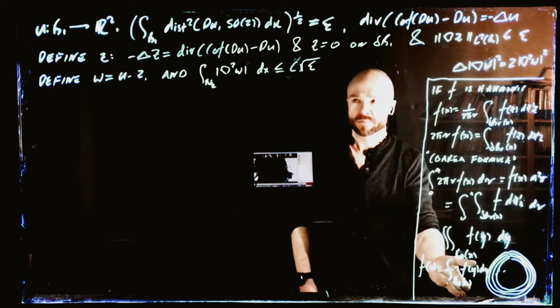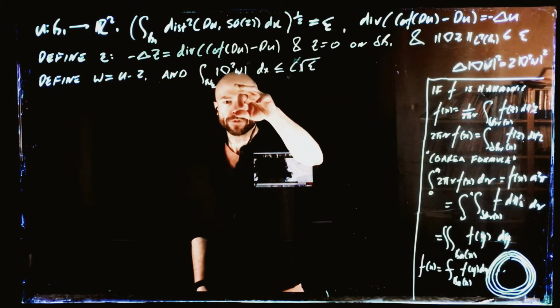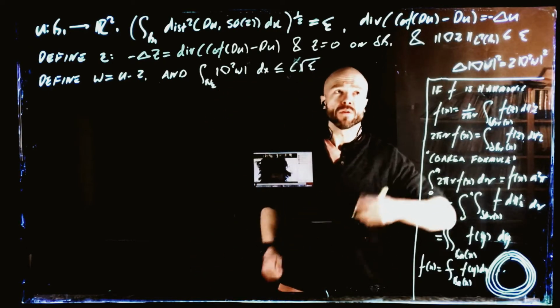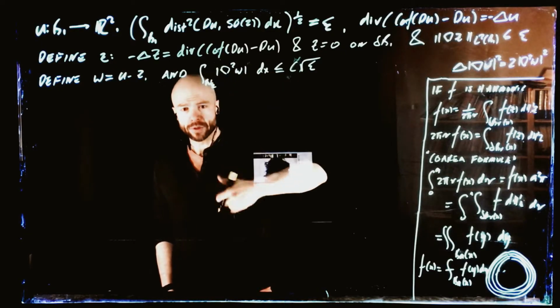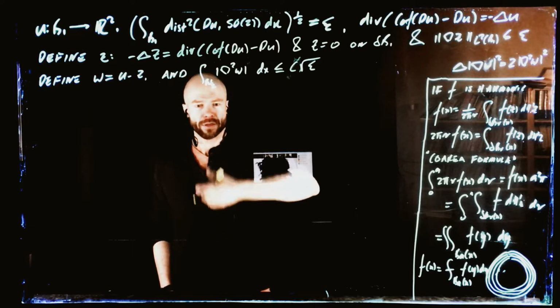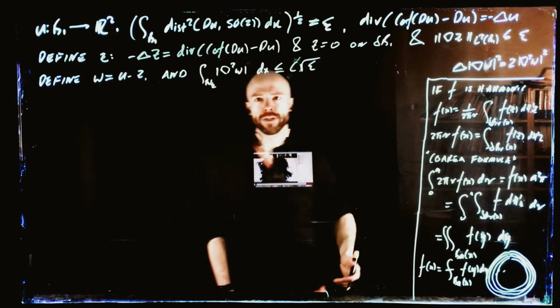Given that, and given this, we're now in a strong position, right? We're now in a strong position because we know that w is harmonic, yeah? And therefore all the partial derivatives of w are harmonic, yeah? Because it's smooth, we can just differentiate, swap the order of differentiation.